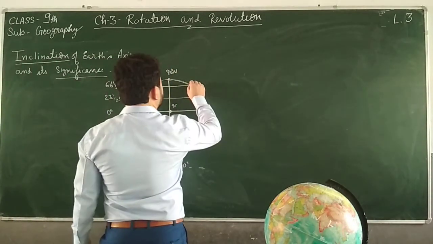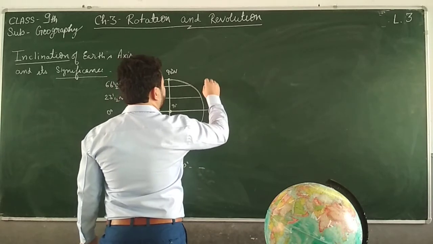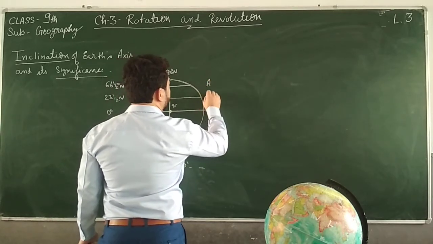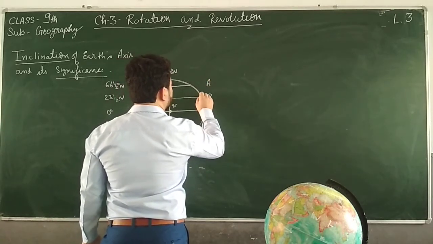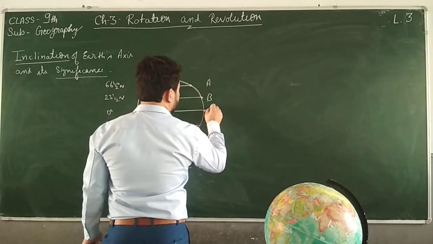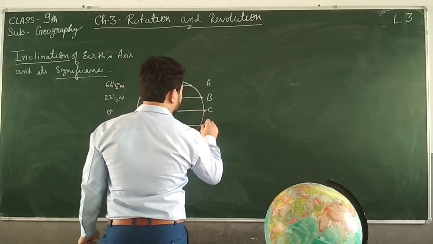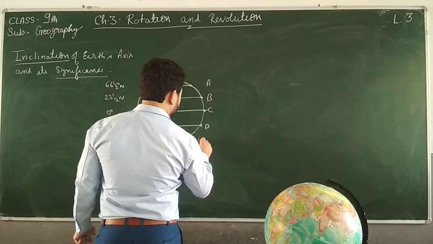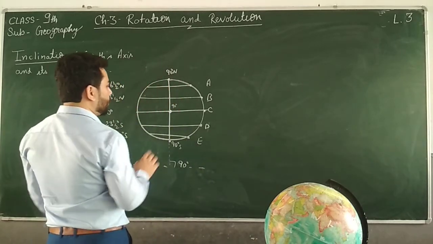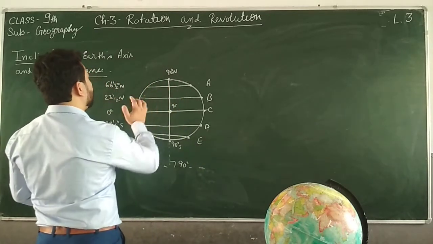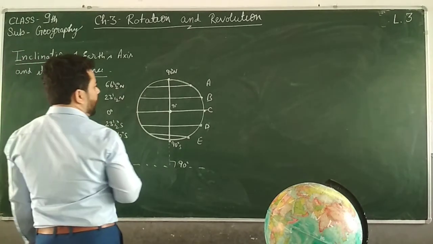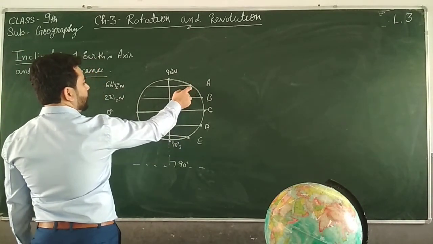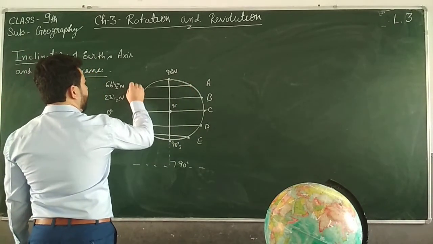I will take this point as A, this point as B, this point as C, this point as D, this point as E. After 12 hours, what will happen? The Earth will have completed half a rotation, and this A position will come here, it will become A dash.